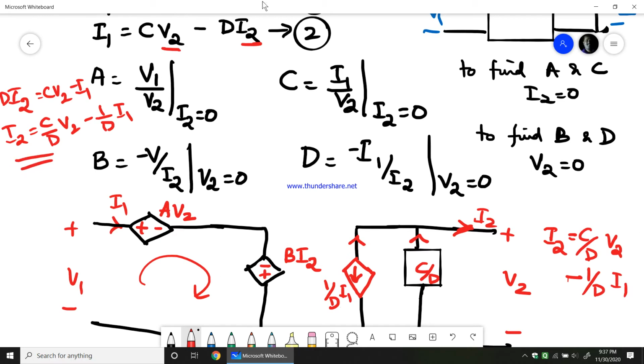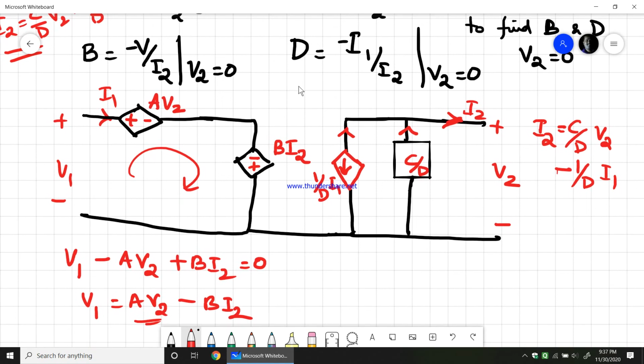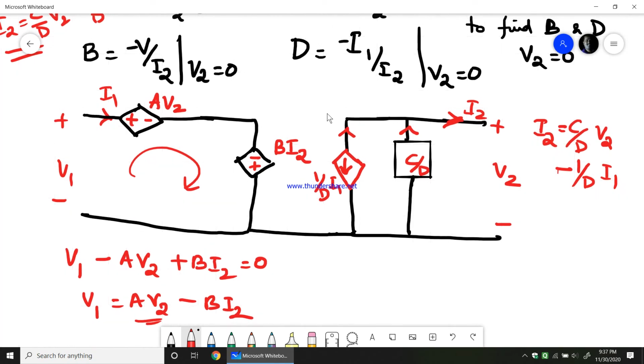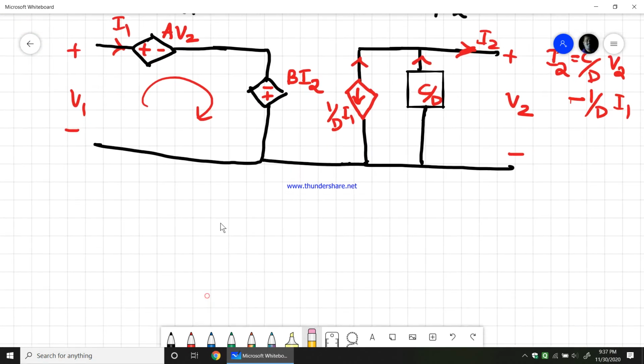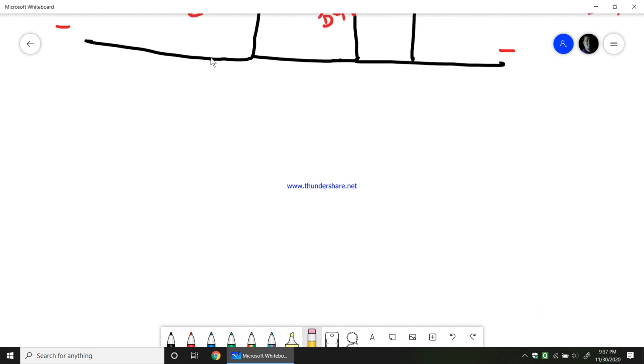So this would be the circuit for the T parameters. Okay, then fine. The next discussion will be on H parameters.